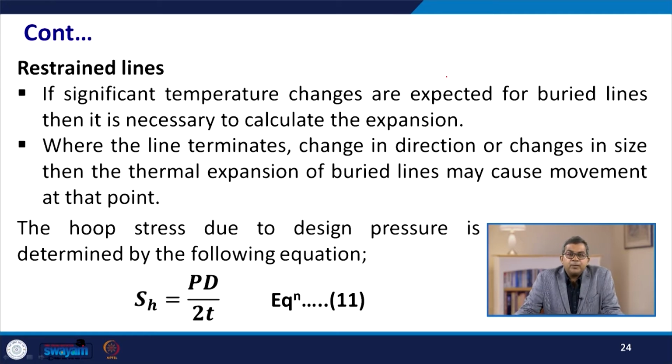Now, if significant temperature changes are expected for buried lines, then it is necessary to calculate the expansion. Where the lines terminate, change direction or change size, the thermal expansion of buried lines may cause movement at that point. The hoop stress due to design pressure is determined by SH is equal to PD over 2T, and that is our equation number 11.